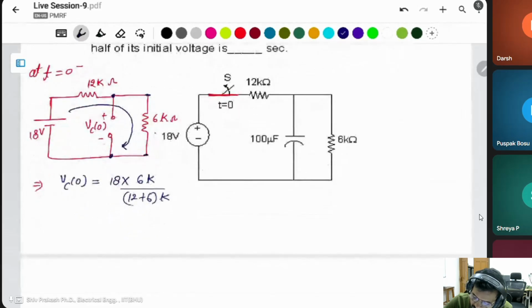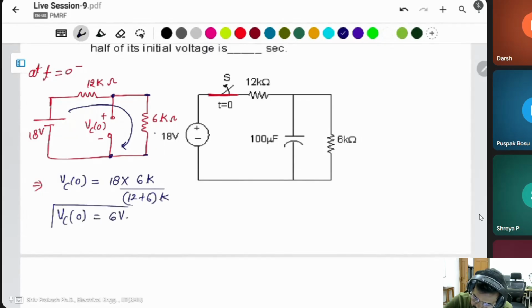Kilo ohm will be cancelled out. 12 plus 6 is 18, 18 and 18 will be cancelled out. This will be 6 volt. We got the value of the initial voltage.